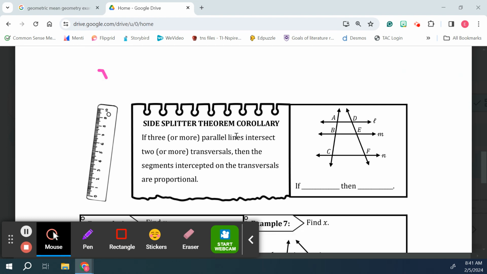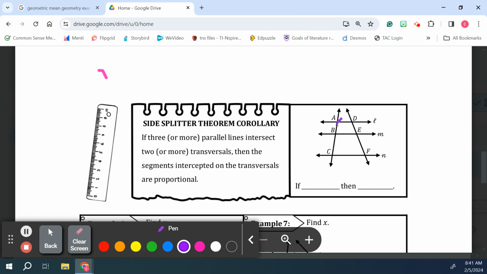So the side splitter theorem corollary: if 3 or more parallel lines intersect 2 or more transversals, then the segments intercepted on the transversals are proportional. So what they're saying here is they're talking about these segments AB, BC, DE, and EF. It's going to look like this.